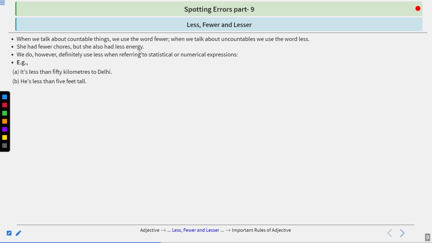So again, lesser means less important. Don't confuse yourself that lesser and less are the same. They are different. Less is a comparative degree of little, but lesser has something different.